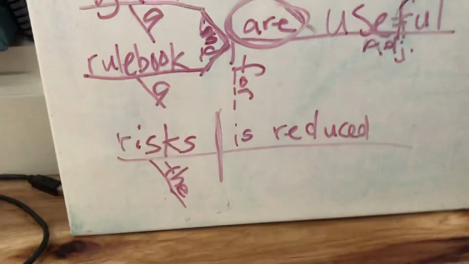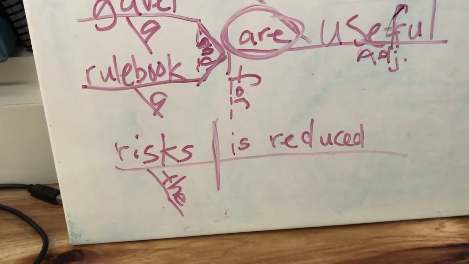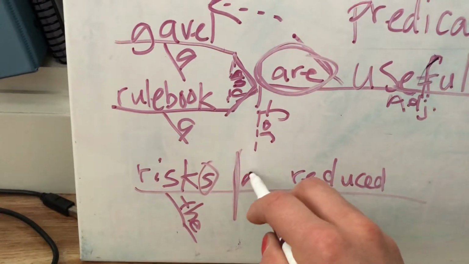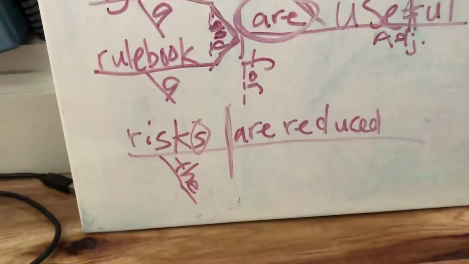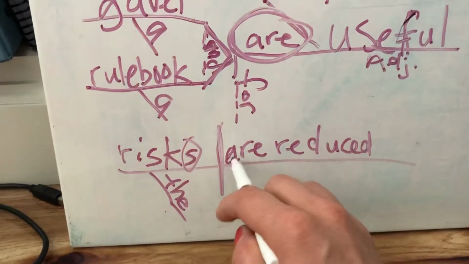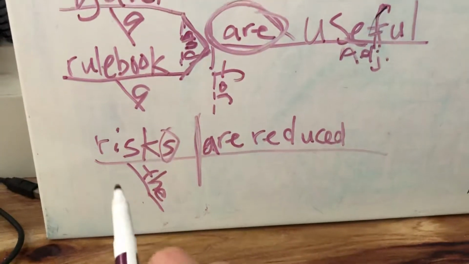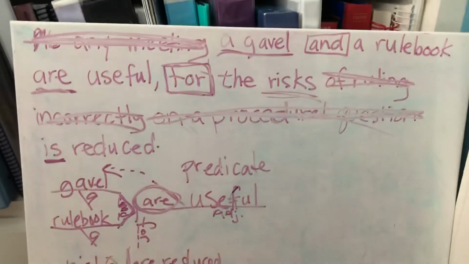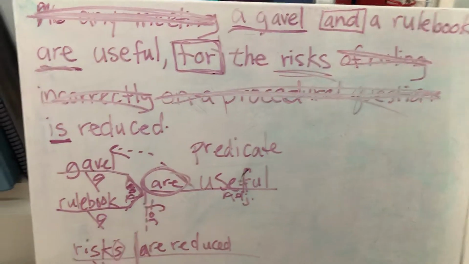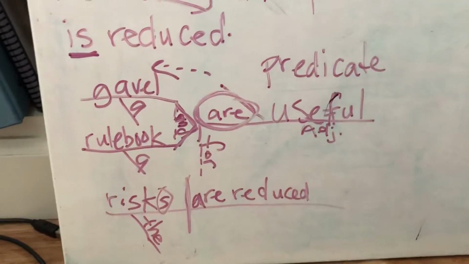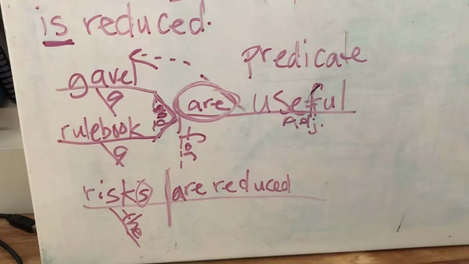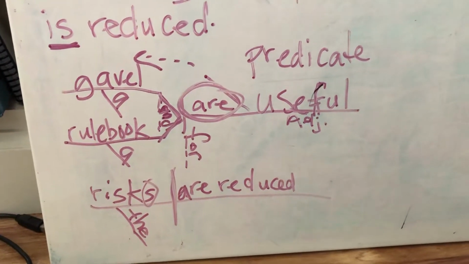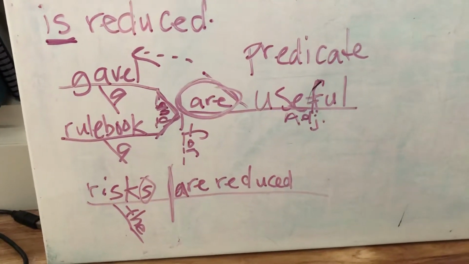Okay, so now we can look at this. Risks is reduced. Is that correct? Well, we know that does not make sense at all because risks is plural, and so it has to have a plural verb. So, risks are reduced. So now, just by getting rid of all those distracting words, we are able to see whether or not it is in the correct tense. And as we found on this one, "a gavel and a rulebook are" is correct, but "risks is reduced" was incorrect. So then you could find the appropriate answer.